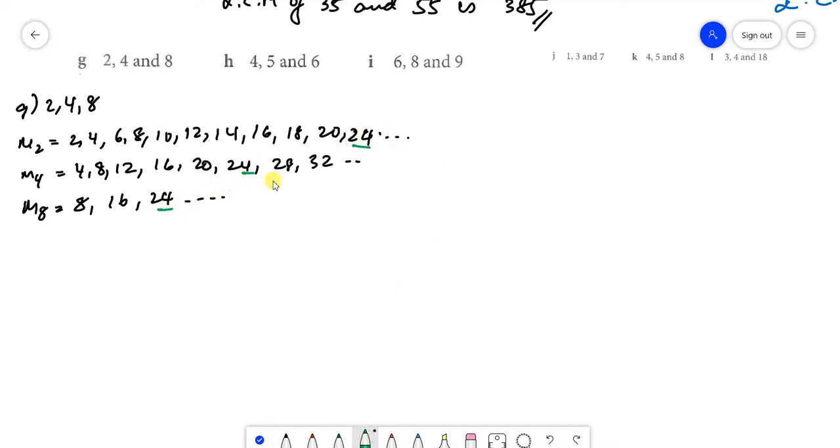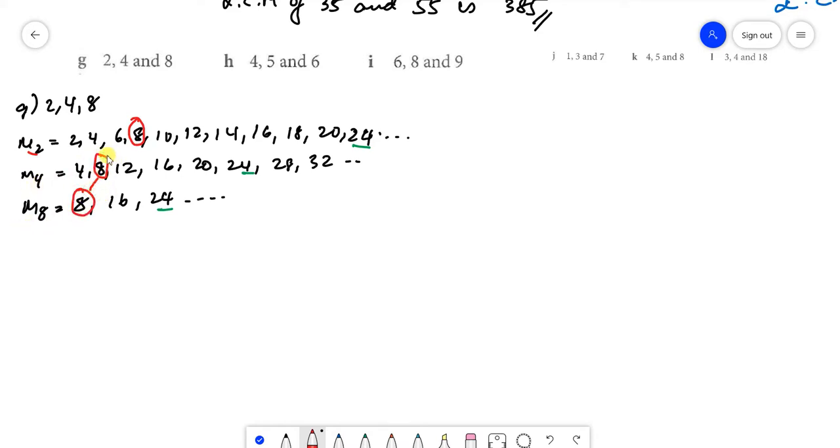But we have to take the least common multiple. For M2 and M4, we have 4 and 4, but in the multiplication table of 8 we don't have 4. So let's see with 8. Yes, M2 has 8 as the lowest, M4 has 8, and M8 has 8.